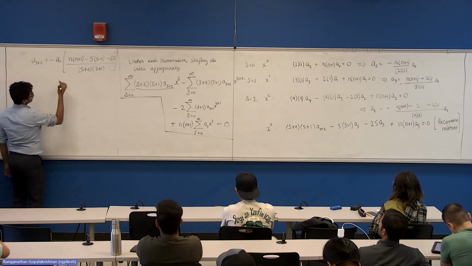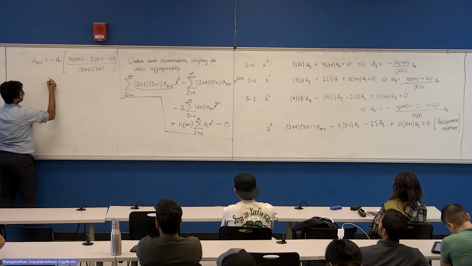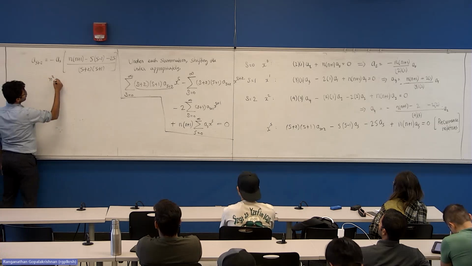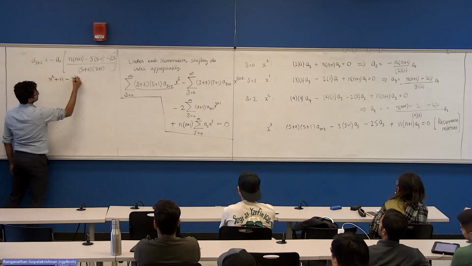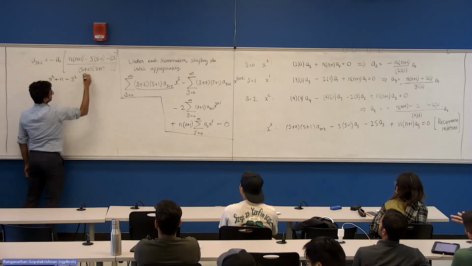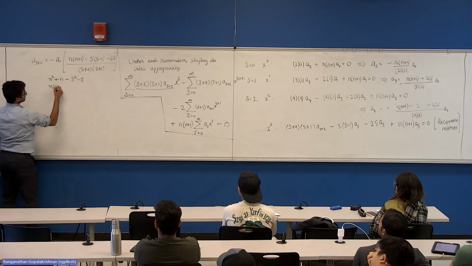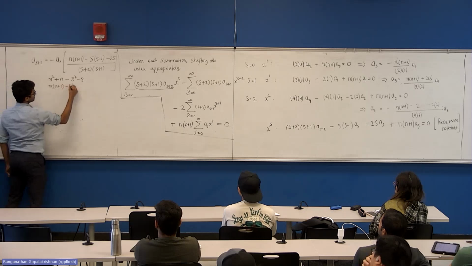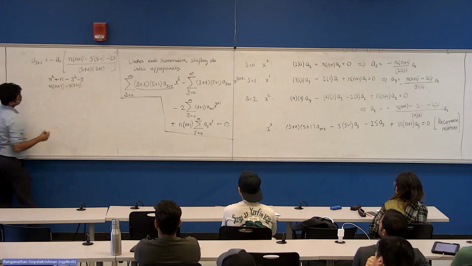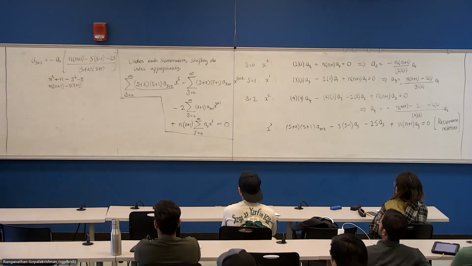So the book does some simplification, but let's see if we can actually catch that. n squared plus n minus s squared plus s minus 2s. So this is n times n plus 1 minus s times s plus 1. Oh, I see what they're doing.